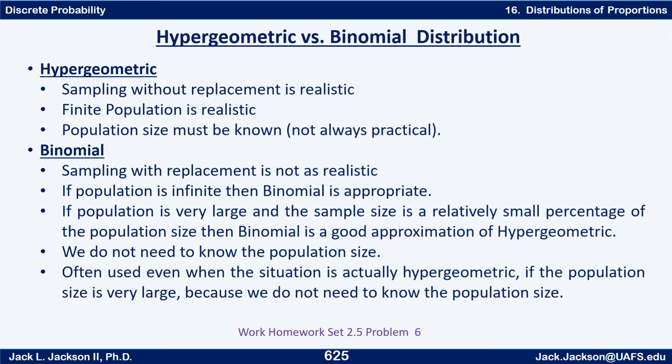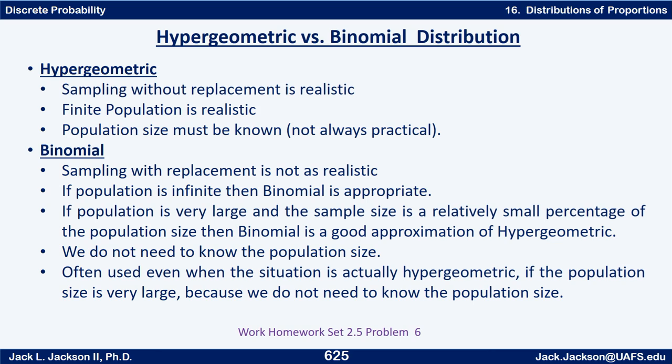So for example, if you were doing something about the number of voters, maybe you just want to know the percentage of voters that were in favor of a certain candidate, you'd be looking at the total number of voters. Well, if you're looking at a country like, say, the United States, that's a lot of folks. And we don't know exactly how many are going to vote anyway, and it's hard to count exactly.